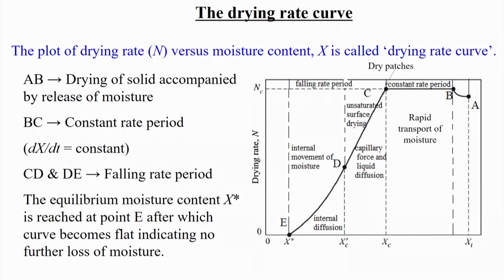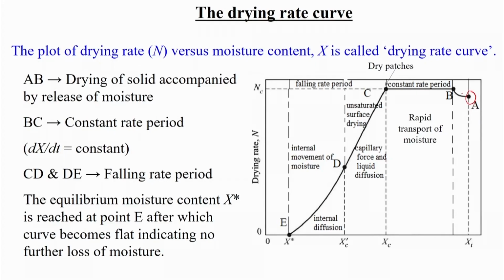Now, the plot of drying rate versus moisture content x is called the drying rate curve. We need to understand this drying rate curve very precisely, because all the calculations are based on it. For this curve, we will start from the right hand side, from point A. Initially, x i amount of moisture is there inside, and we have started the heating.